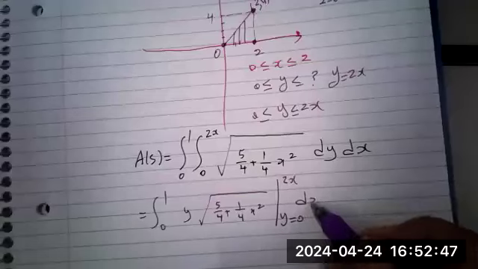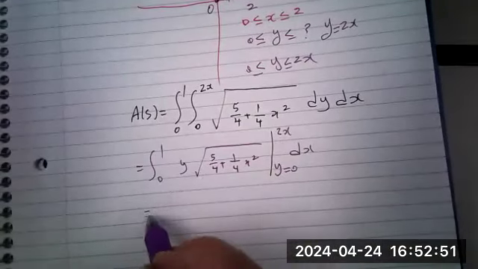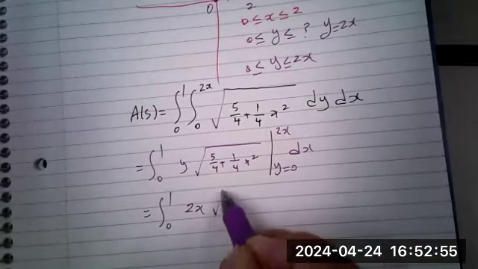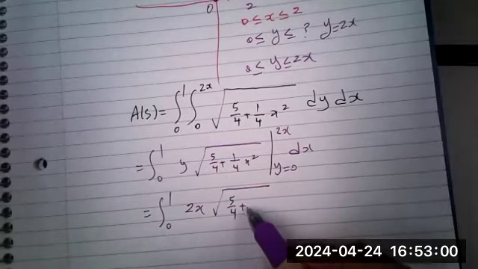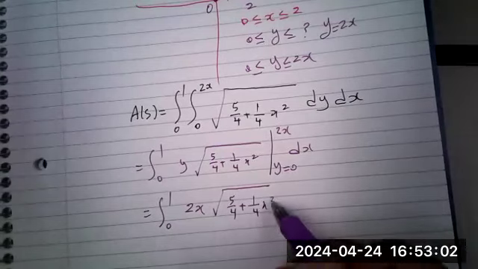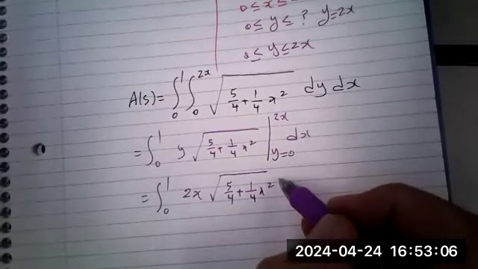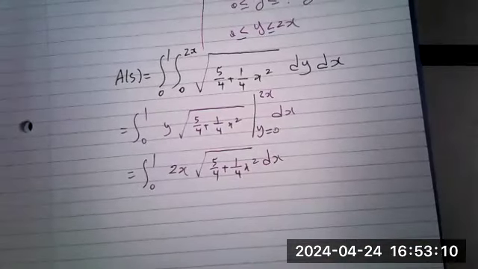When you're done, you take the dx. If you bring it down, that gives you 0 to 1, just 2x times the square root of 5/4 plus a quarter of x squared, dx. Okay, y equal to 0 would be 0.